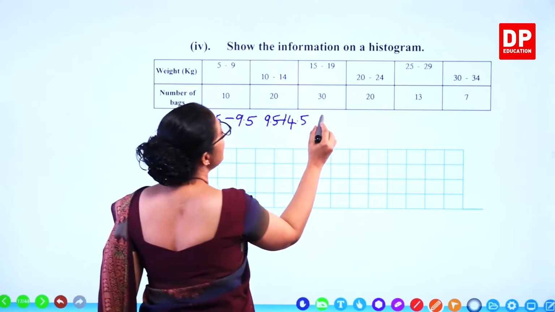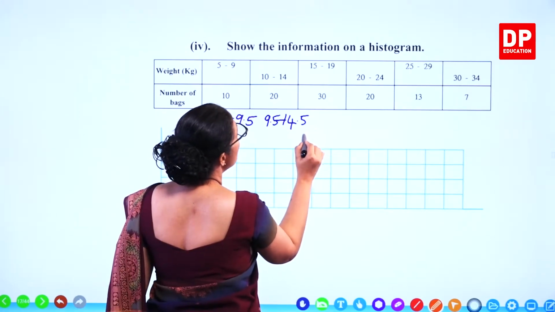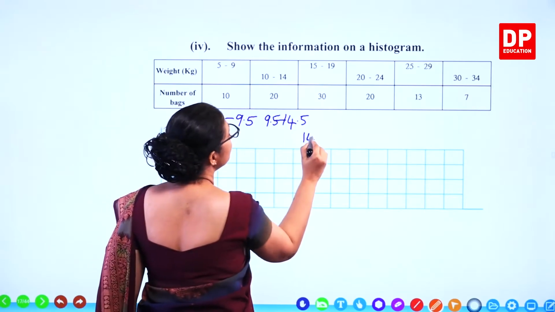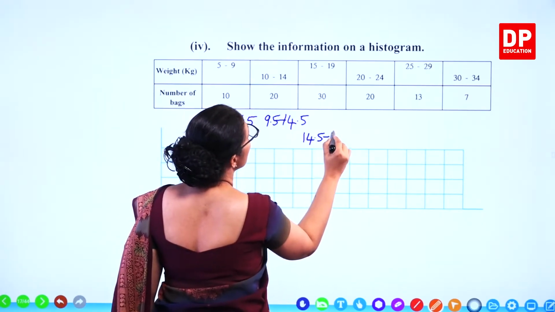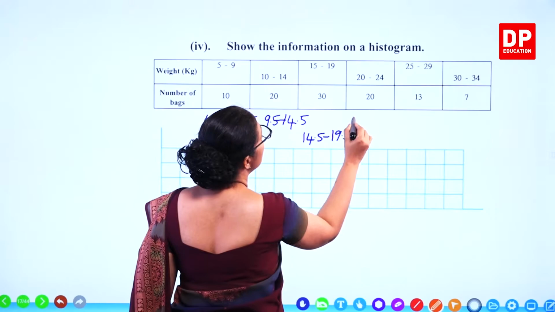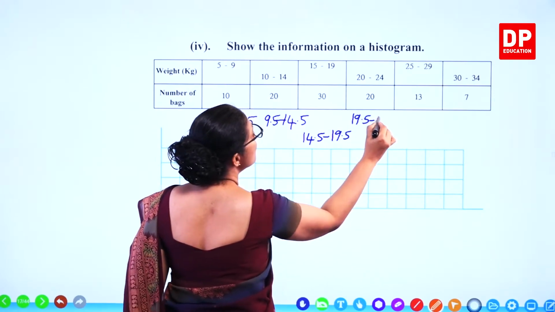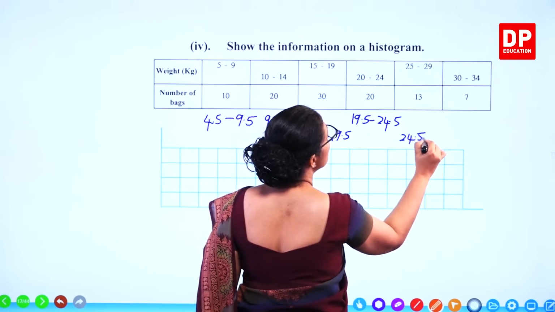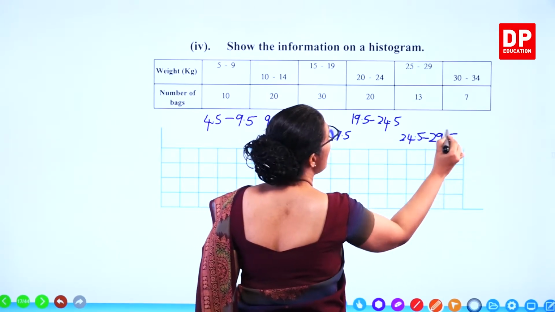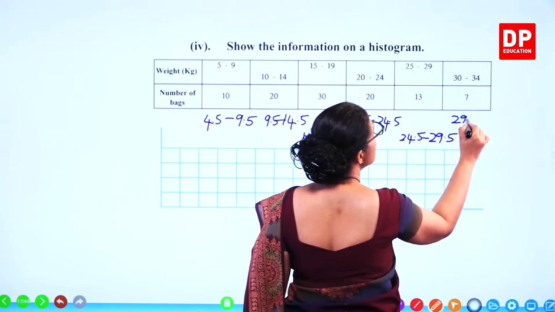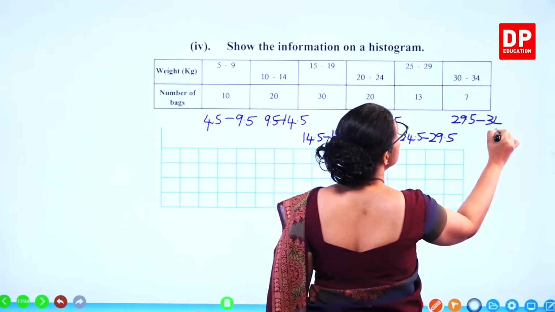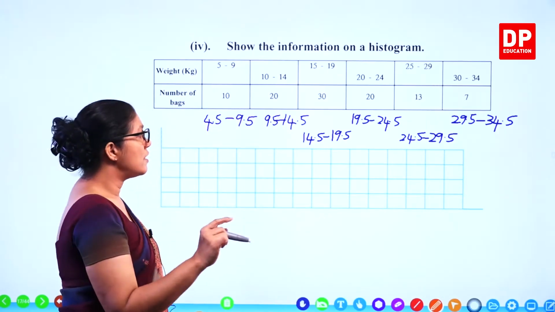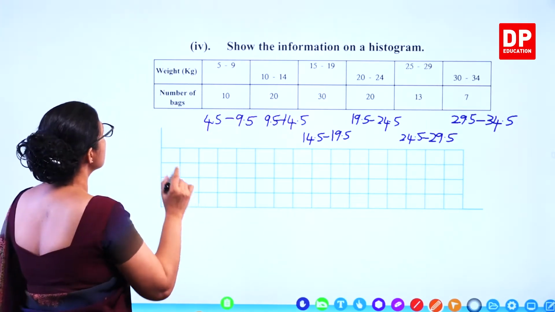Here you get 14.5, 19.5, 24.5, 29.5, 34.5. Those are the boundaries, because for a histogram especially you have to take the boundaries.